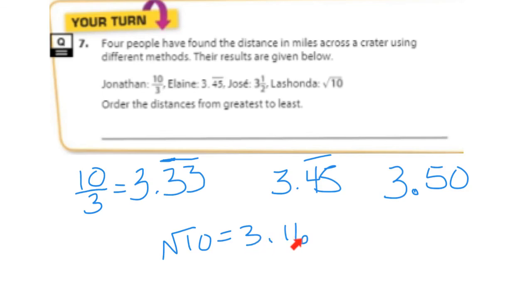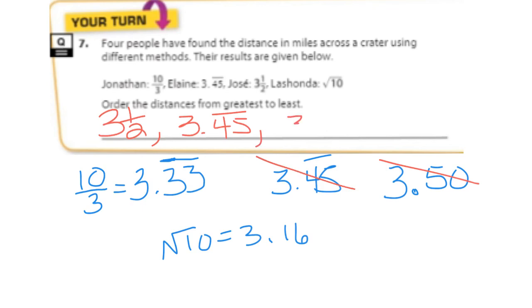So let's see what the answer is. They want greatest to least. So the greatest is going to be 3 1/2. That takes this one out. Next is going to be 3.33 repeating. That takes this one out.